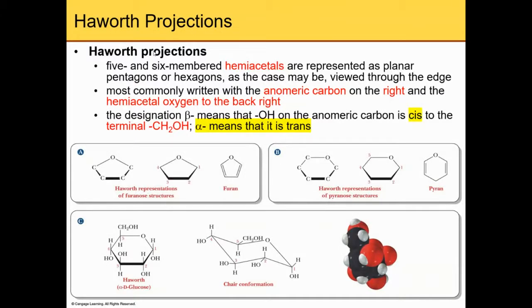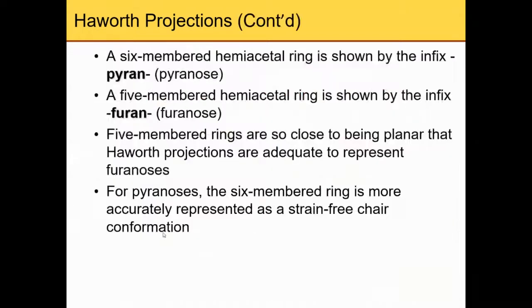And that's the Haworth projection. So alpha means it is trans, right? This is the hydroxy group from number 1, and this CH2OH in number 5 carbon here. These two in trans, that'll be alpha. In cis, that'll be beta.